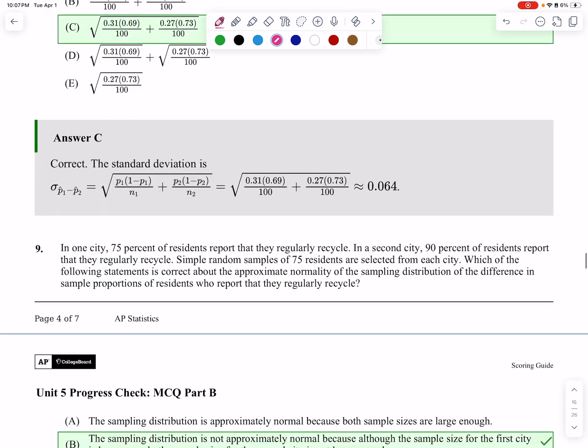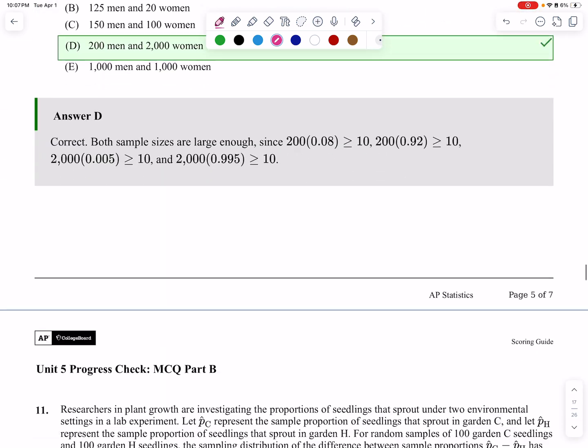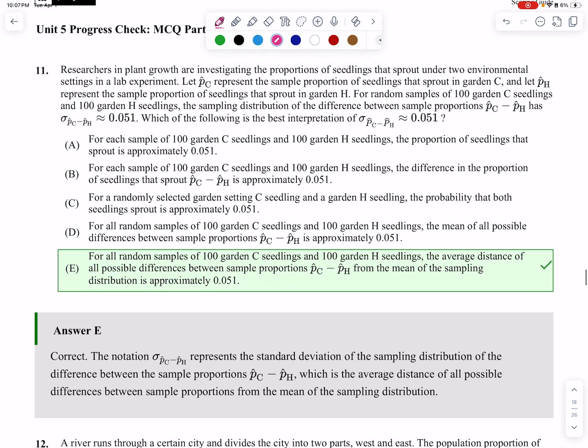Okay, so let's go to 11 if there's an 11. Yes. Okay, so this one, which of the following is the best interpretation for the standard deviation, which is equal to 0.015? Let's just look at the answer, and then we'll see why it's correct.